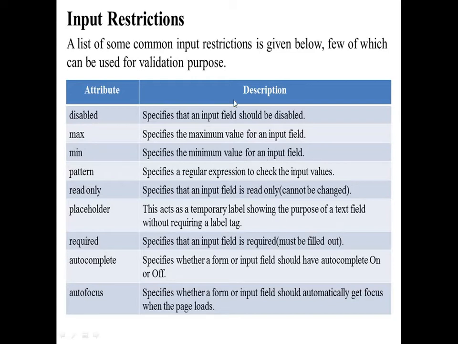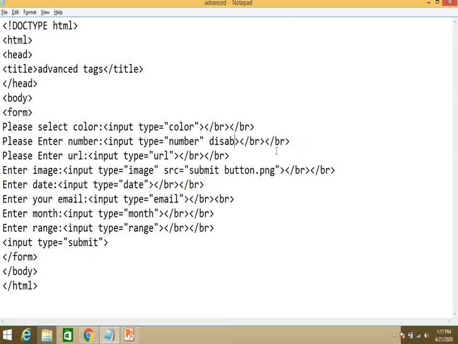So I am removing the disabled and applying minimum equal to 5 and maximum equal to 10. Only values between 5 and 10 will be entered into that particular input. Below 5 and above 10, you are not supposed to enter a value. So the validation is also done for that.